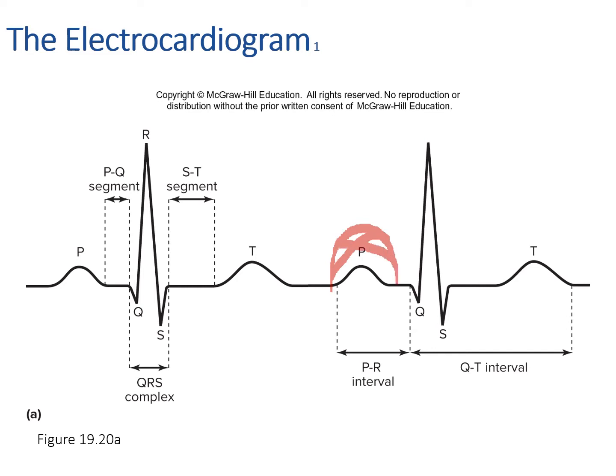No, we don't. We actually see the electricity. We see the electricity that flows through the atrium. And this represents the electricity flowing through the ventricle. So the electricity flowing through the atrium and flowing through the ventricle precede the actual squeezing of those two parts.